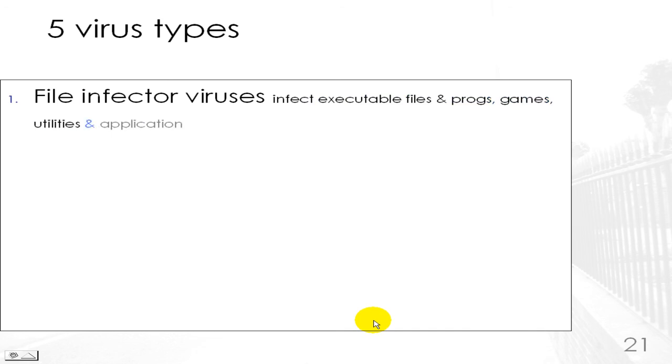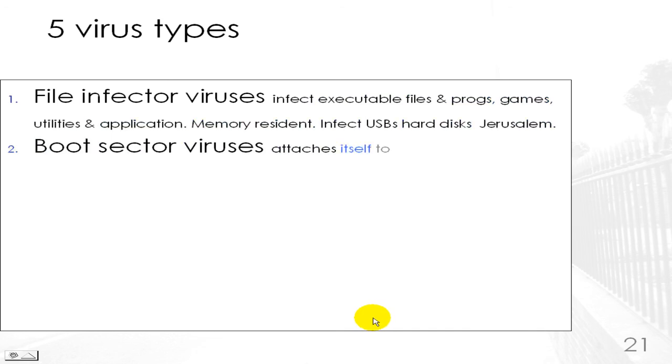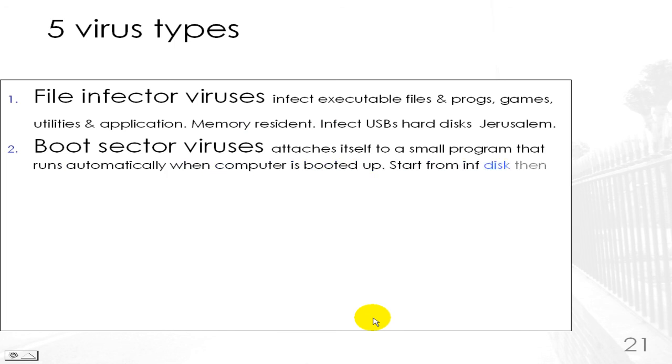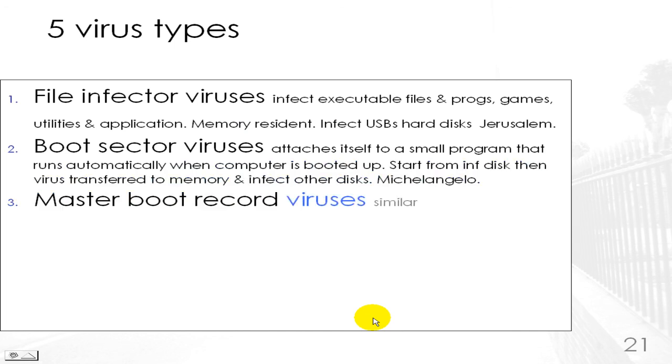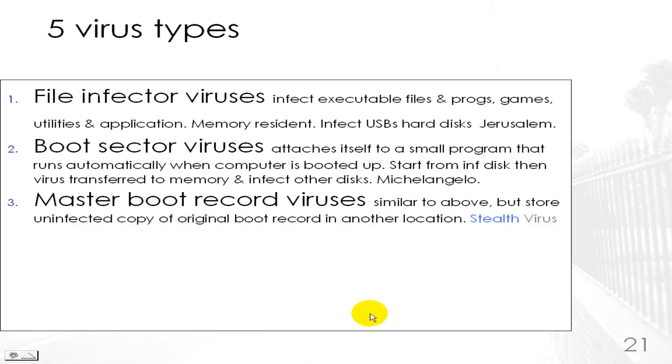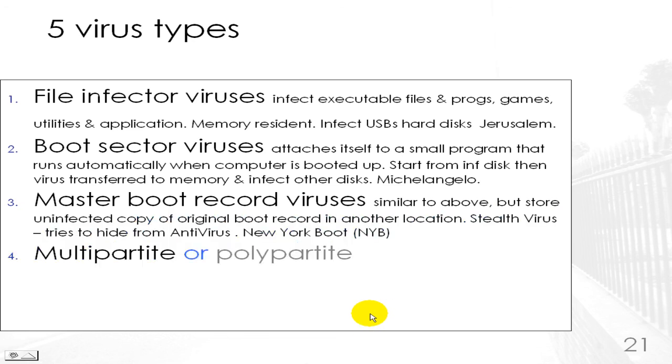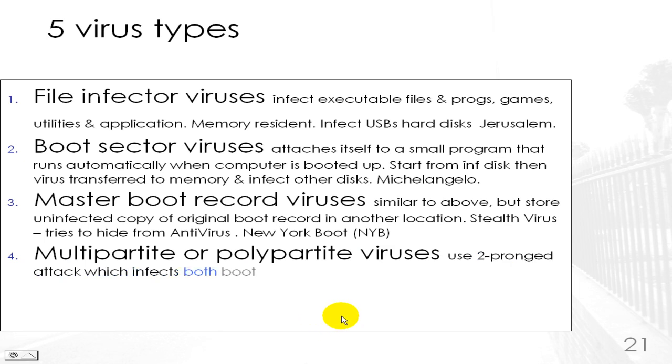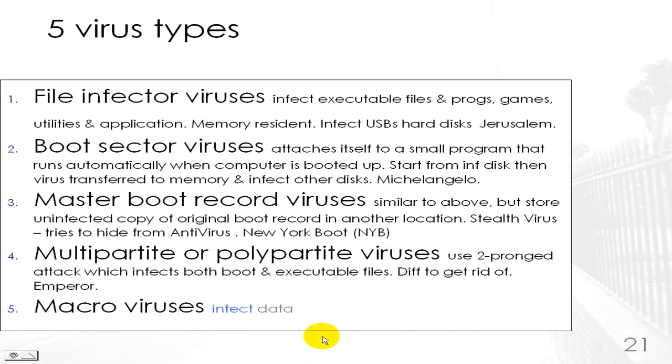Now here are 5 virus types: file infector viruses, boot sector viruses, master boot record viruses, multipartite or polypartite viruses, and macroviruses.